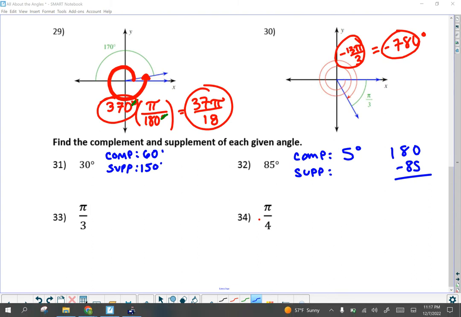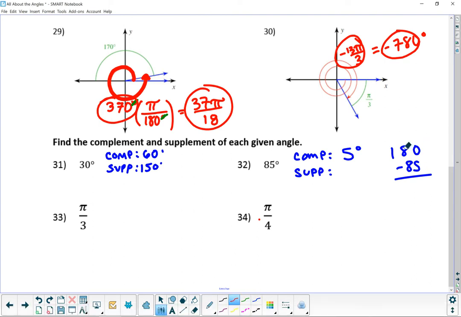So use a calculator, or hey, you know what? Let's do this the old-fashioned way. 0 minus 5, I can't do that, so I need to borrow from the 18. It's going to leave me with 17, and I get 1 next to the 0.